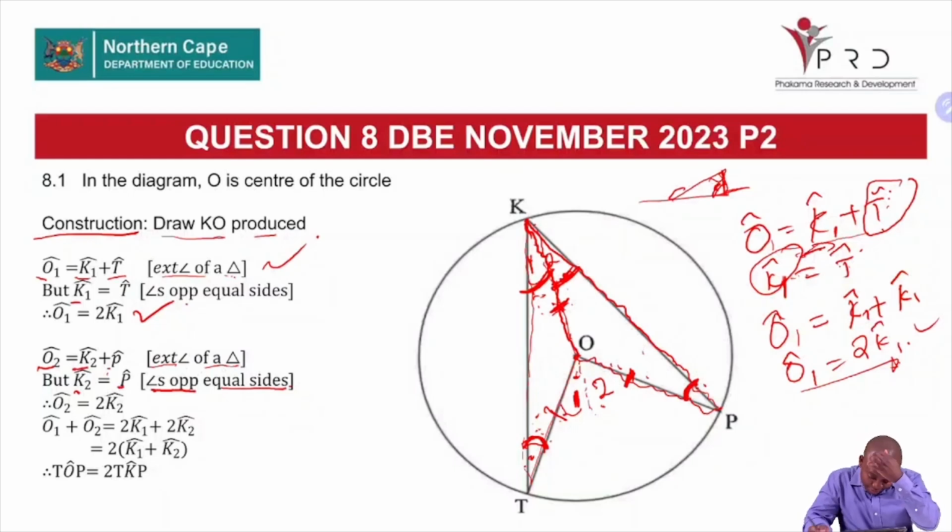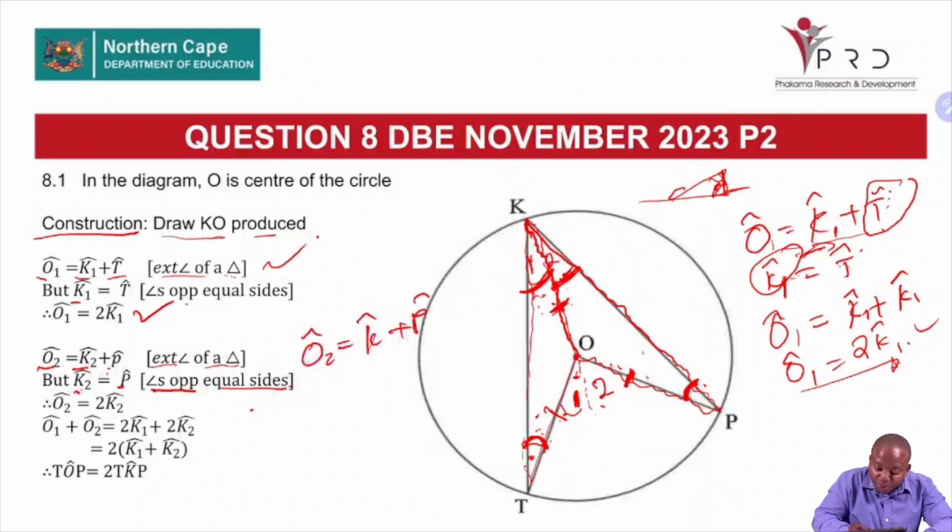Now, what we have in the following is, we already had our O2 as equal to K2 plus P. We know already that K2 is equal to angle P. That is to say, where there is angle P, I can replace angle P with K2.